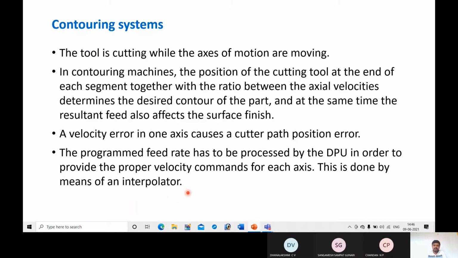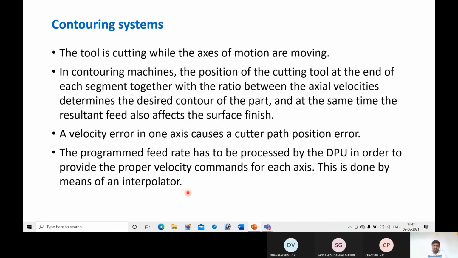If you consider the previous problem, in the part program we are going to give inputs as X plus 50,000, Y plus 20,000, that is the destination. But this interpolator has to calculate in-between values, where it has to decide on the path in which the tool has to travel. For that there will be an equation, or you can consider that as an algorithm.